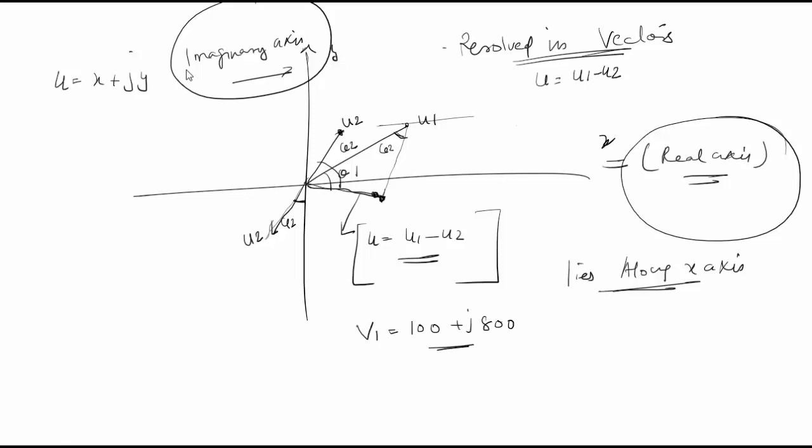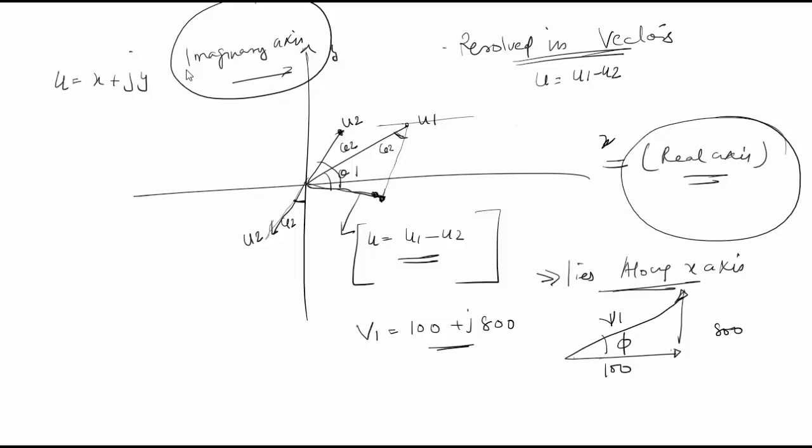It's simply possible to represent the quantity along the x-axis and the quantity along the y-axis. This is 100 and this is 800. This is what my total value will be.